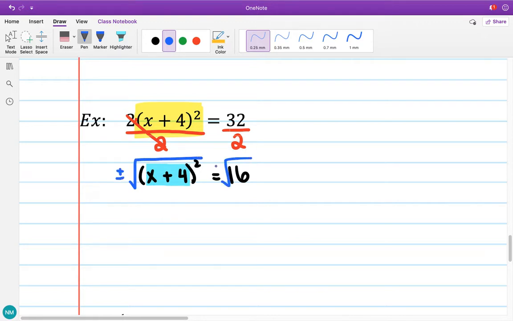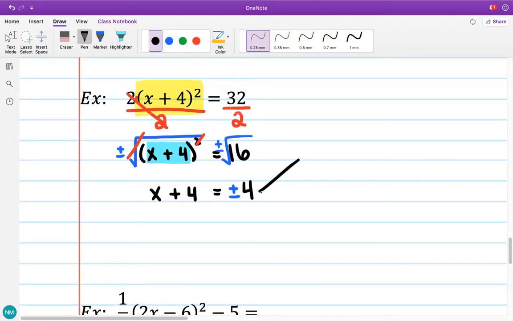Now we take the square root, plus or minus. So I get plus or minus, square root of 16 is 4, and this becomes x plus 4. Again, this cancels out the square. It does nothing to the inside. So again, method 1, we split into two different equations. x plus 4 equals positive 4, and x plus 4 equals negative 4, right?